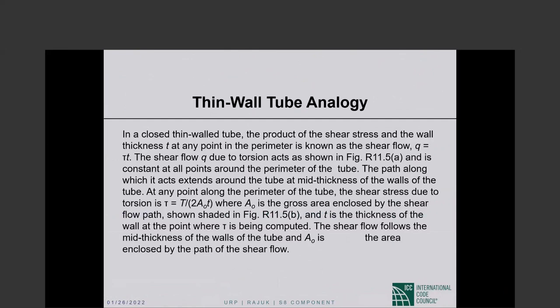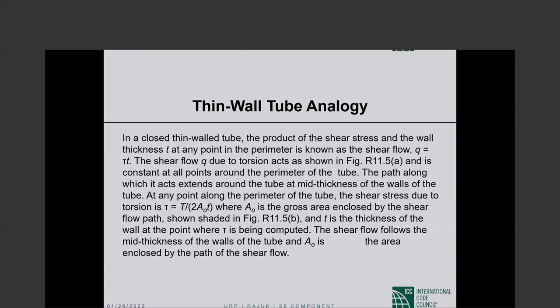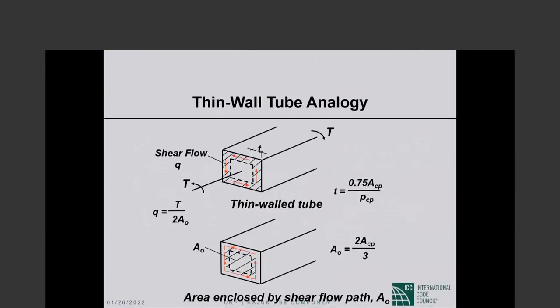And t is the thickness of the wall at the point where tau is being computed. The shear flow follows the mid-thickness of the walls of the tube, and A sub 0 is the area enclosed by the path of the shear flow, as has been said before. Okay. So this is a summary pretty much of what I read.